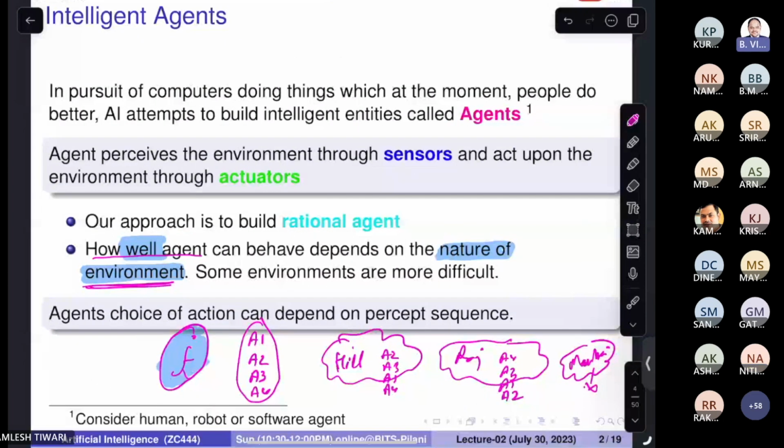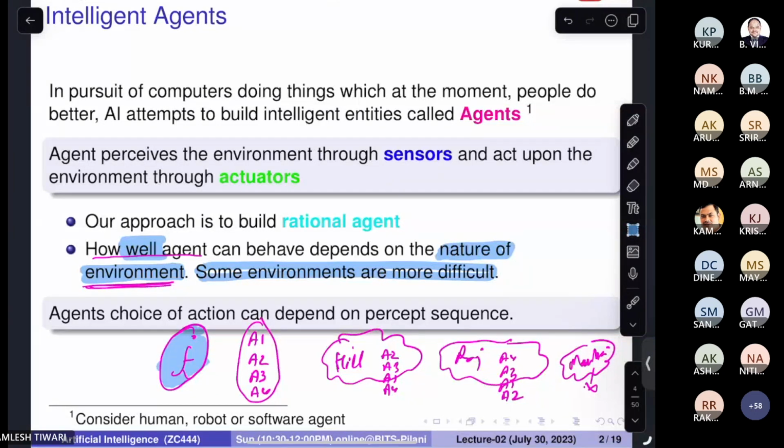So essentially some environments are more difficult than others. When we want to understand how well, this is a very important thing here. Well is a loose term written over here, but it is trying to capture the essence of what the performance is.